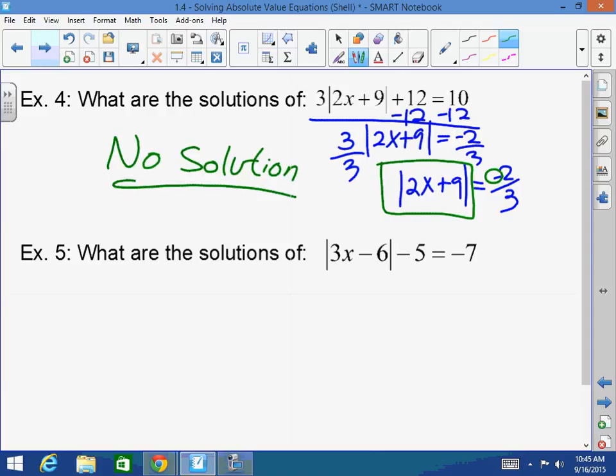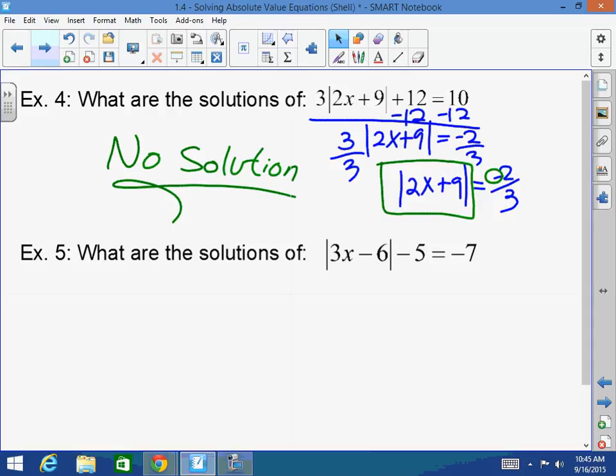No solution. It's not extraneous. Extraneous would be if I solved it, plugged it in, and it didn't work. This is straight up no solution because it is impossible for a distance to be negative. But you have to make sure that you get that absolute value alone first. You feel me here?